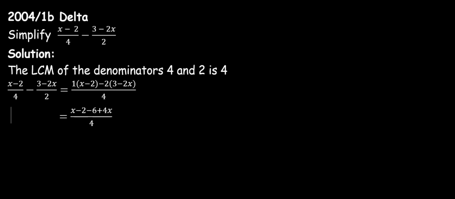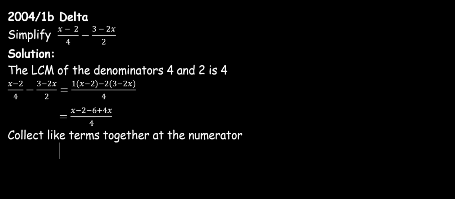You will observe that the minus times minus will become plus. And so 2 times 2x becomes 4x, all over 4. Collect items together at the numerator, and that will give us equals to x plus 4x minus 2 minus 6 over 4. The result will be 5x minus 8 divided by 4.